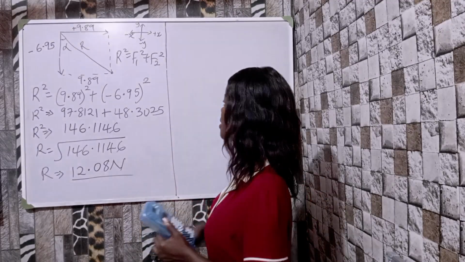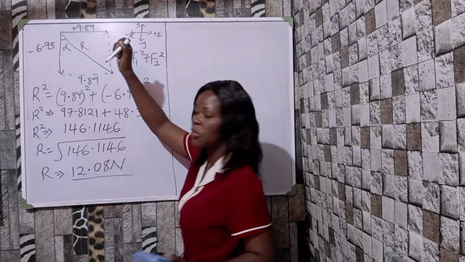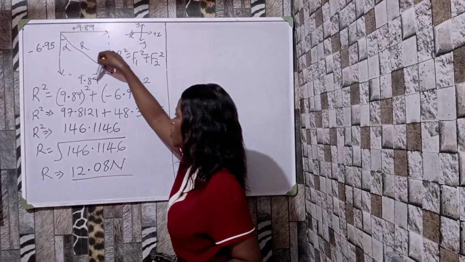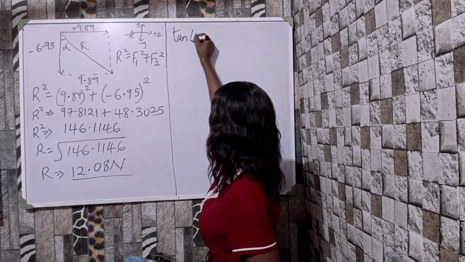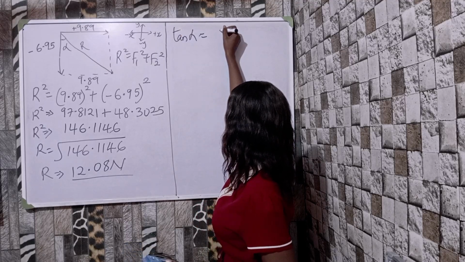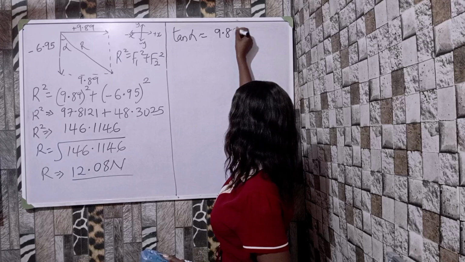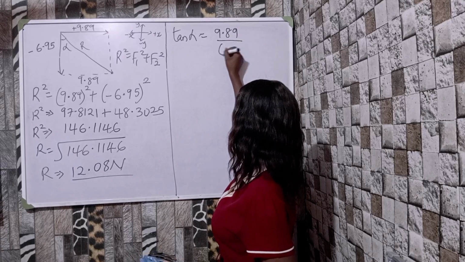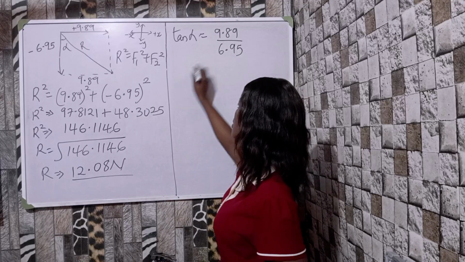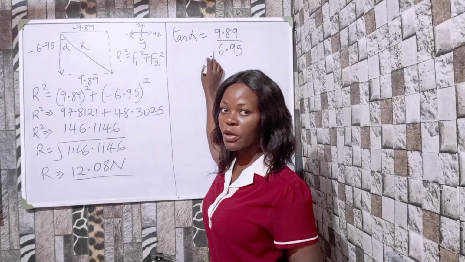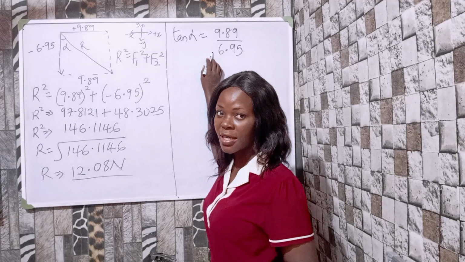So let's solve for the direction. Our direction, we are going to use tan. Tan is opposite over adjacent. So we say tan alpha is equal to 9.89 divided by 6.95. Okay, so we are not going to work with the negative again because we have known that it is going in the negative direction.